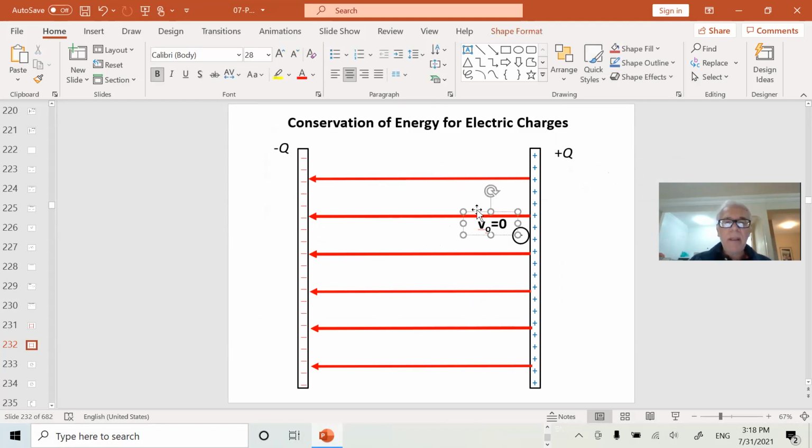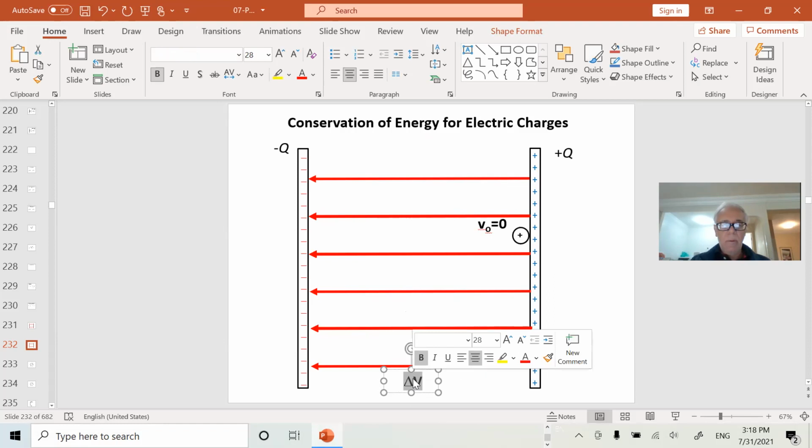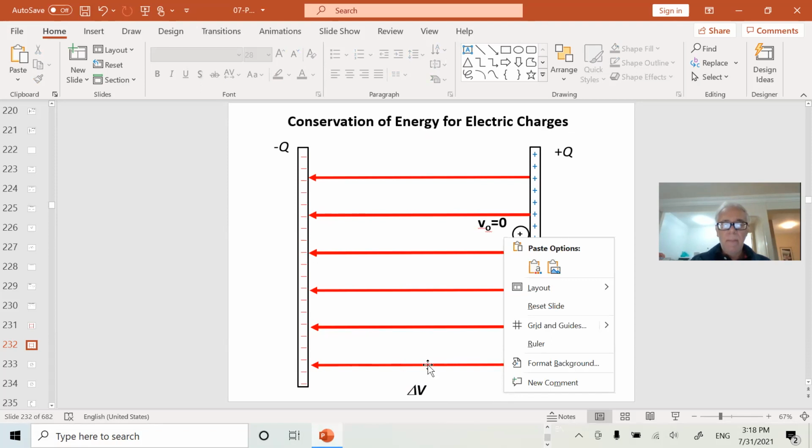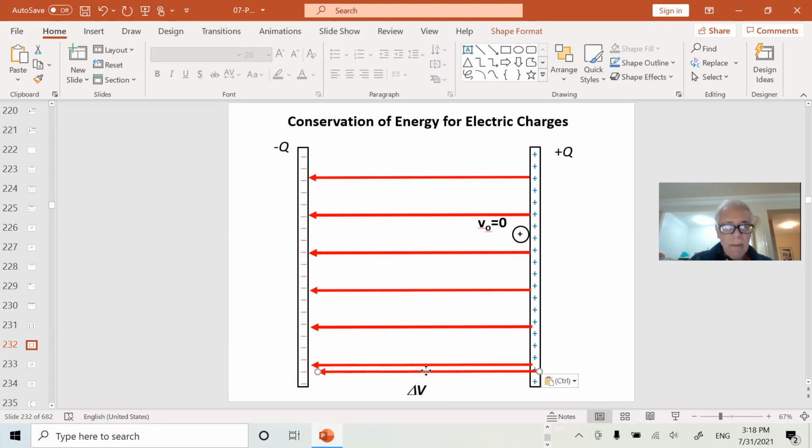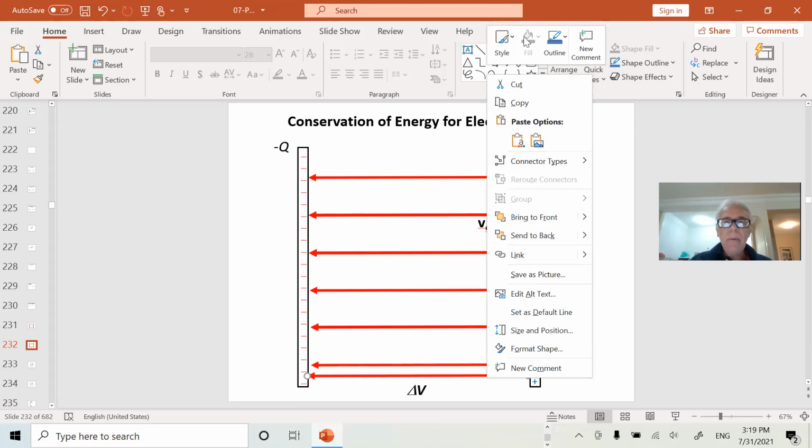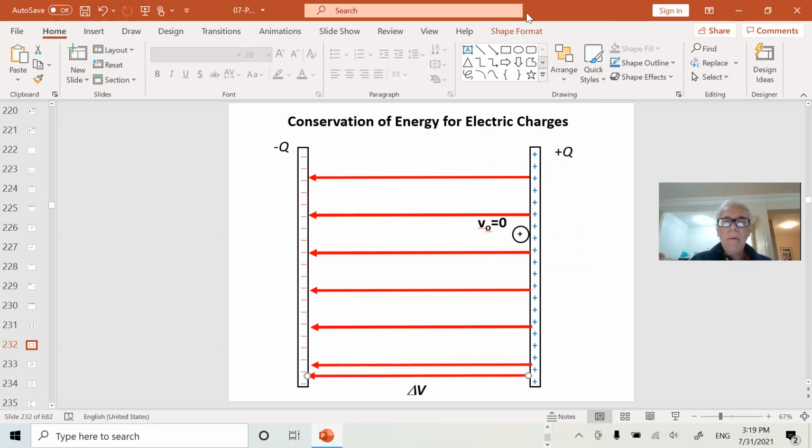So delta V. I'm going to put that here at the bottom. Delta V between those two, okay?